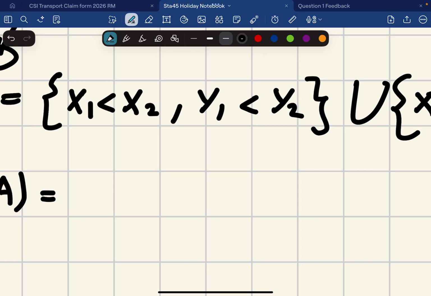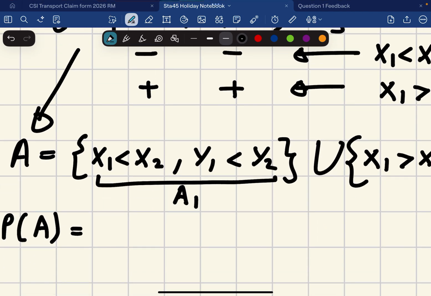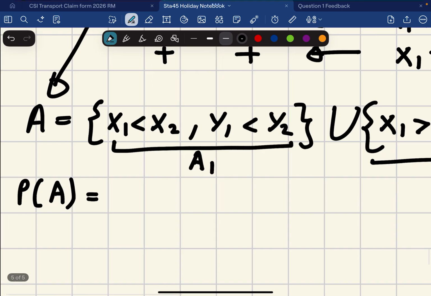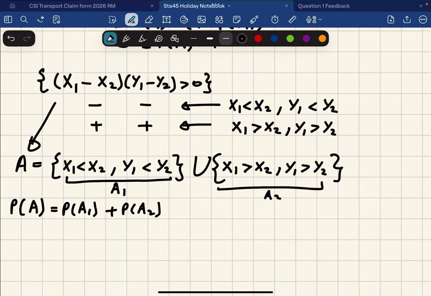In this case, then I have to split the probabilities. So if I call this event A1, I call this event A2, then the probability of A will be the probability of A1 plus the probability of A2. And we cannot have an intersection between the two because I can't have both negative and both positive at the same time, right? So the intersection is 0.